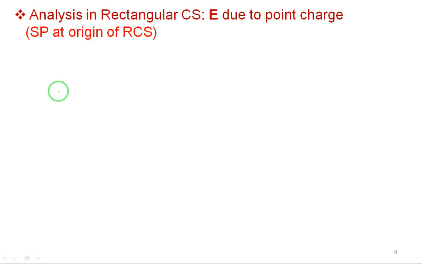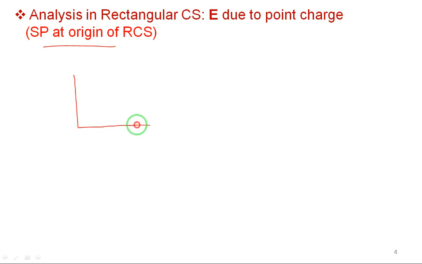Next, I will continue the same study, the electric field intensity due to point charge, but now we will carry out the analysis in rectangular coordinate system, right? So here we will try to locate the source point at the origin of the rectangular coordinate system.